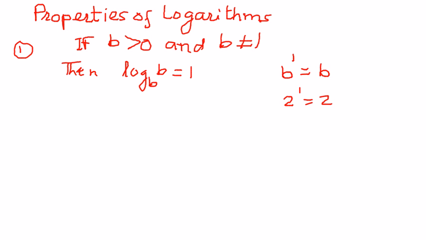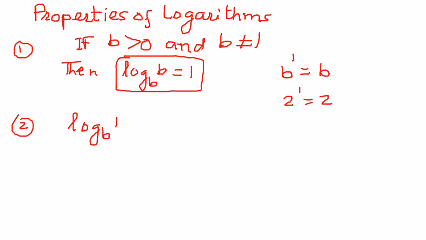This is one property. The second property is if we have log 1 to the base b, that will be equal to 0, because we know that any number or any term raised to the power of 0 will be equal to 1, right?